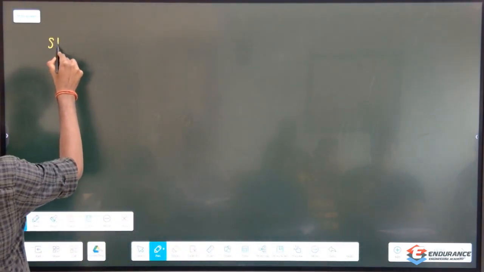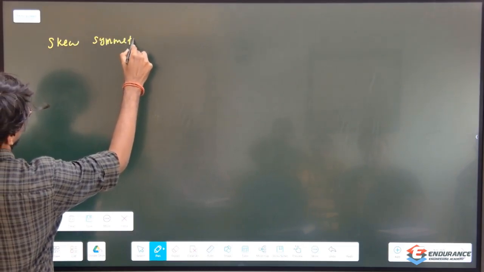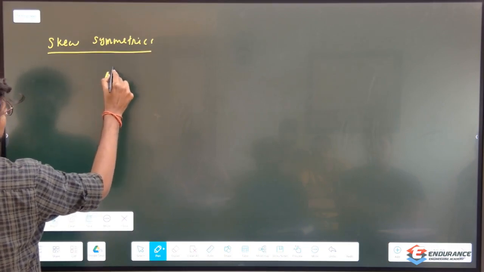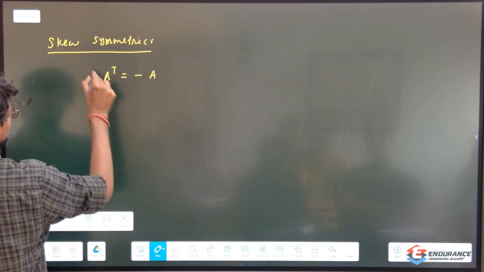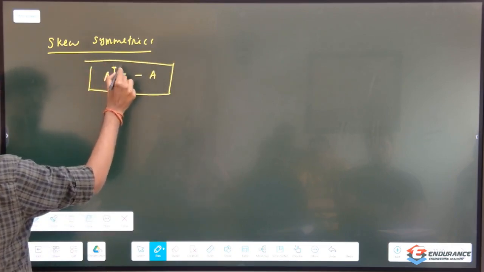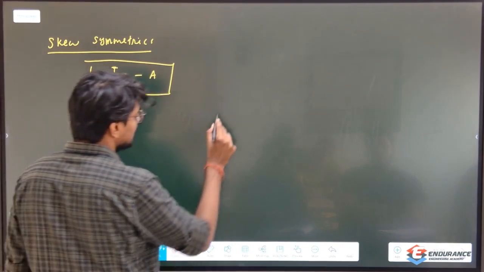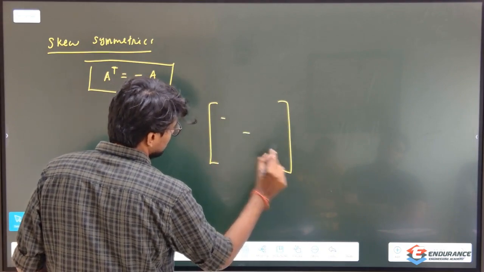Okay, coming to skew symmetric matrix. What about skew symmetric matrix? Your A transpose should be equal to minus of A, or A should be equal to minus of A transpose, whatever. Okay, see here also the same thing. I have taken a leading diagonal element, let us suppose.